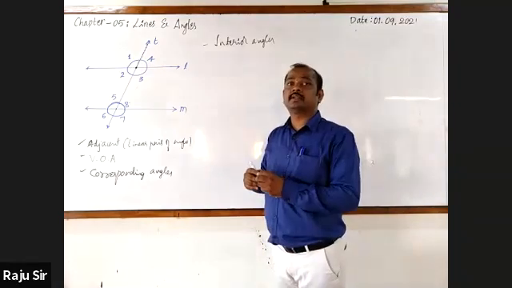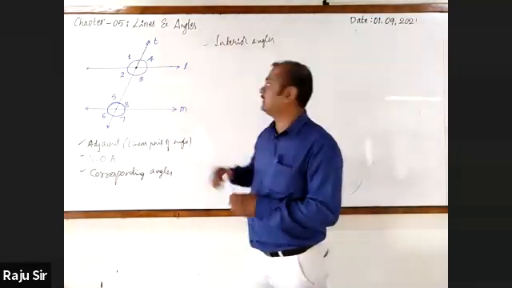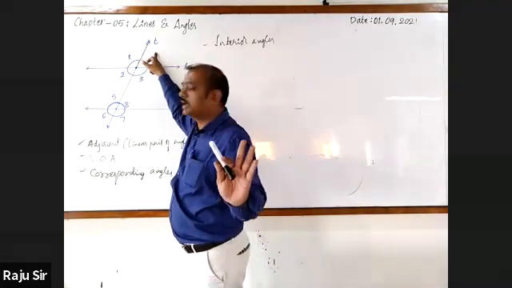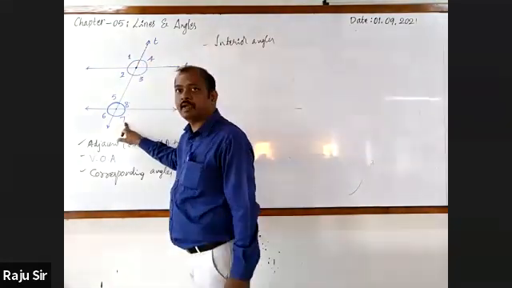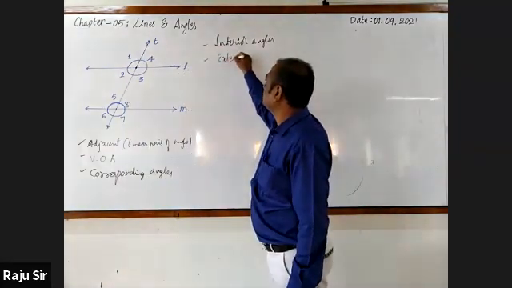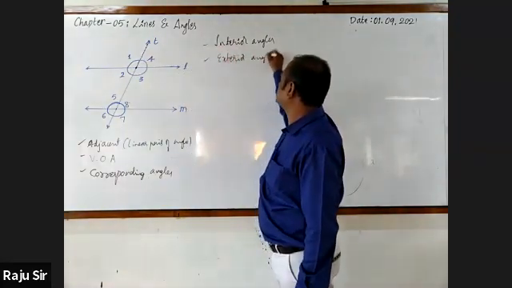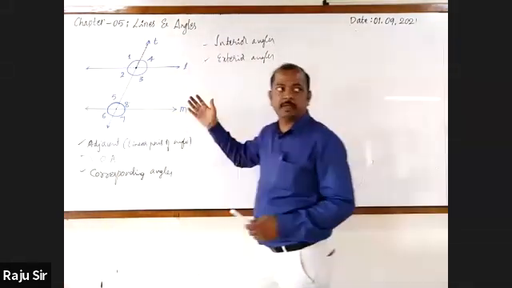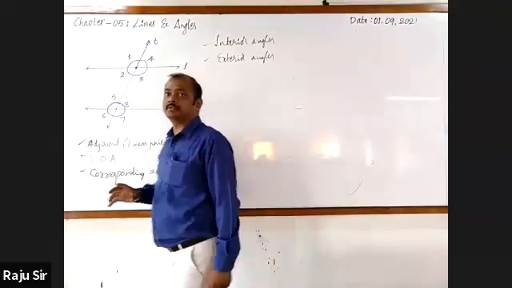Then the angles that are formed outside the parallel lines are exterior angles: angle 1, angle 4, angle 7, angle 6. They are all exterior angles.